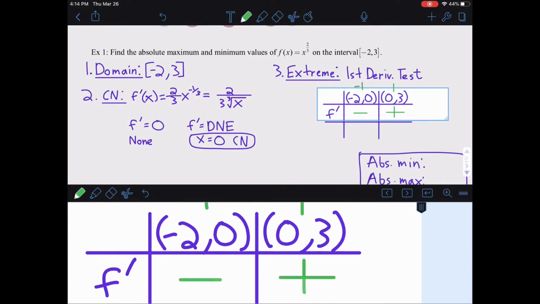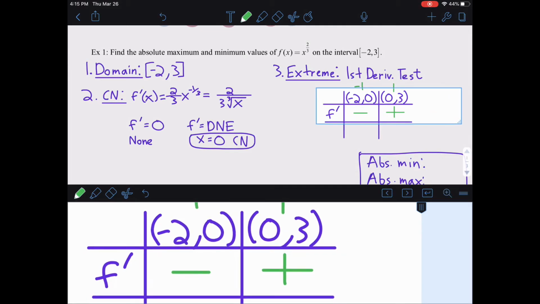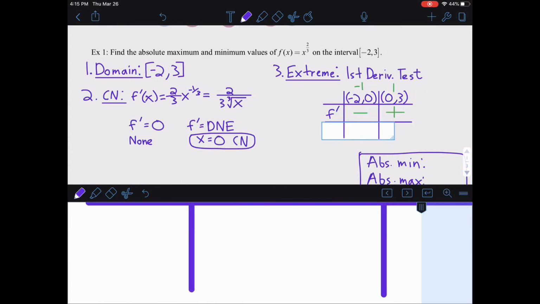Okay. And now what I've established here is between -2 and 0, f prime is always a negative number, and between 0 and 3, f prime is always a positive number. Now here's what I want to do with this information.